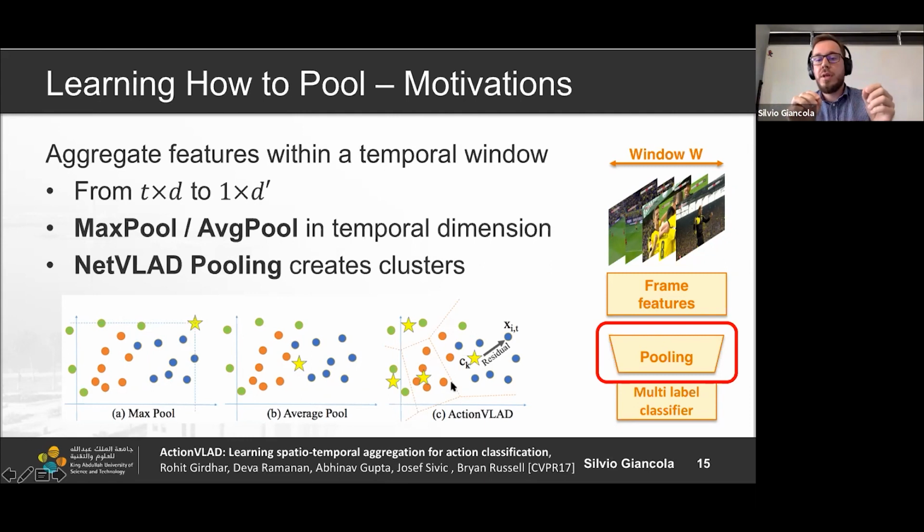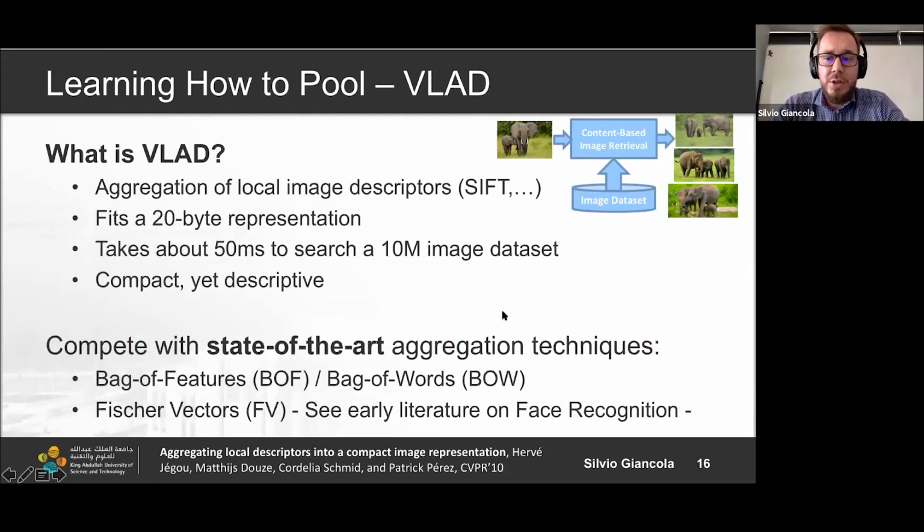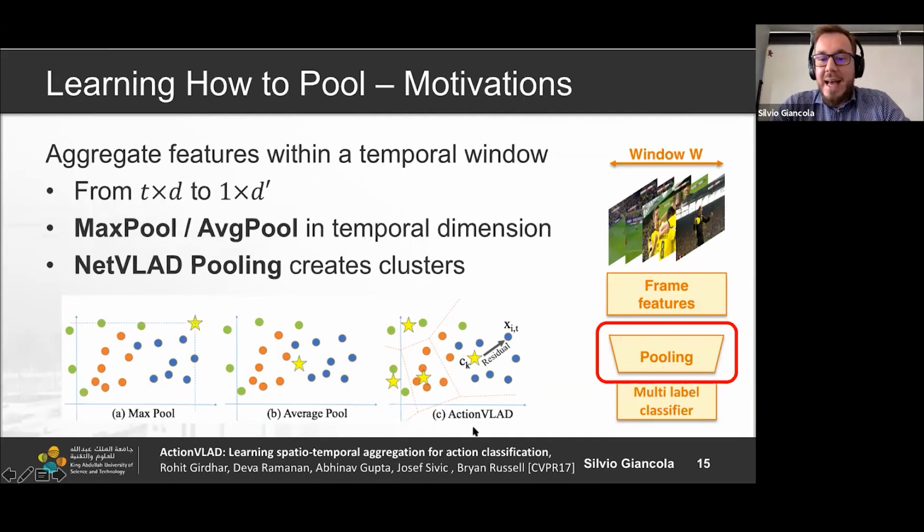It creates clusters, and it tries to understand how far away your sets are from those clusters. Those clusters have a representation, an abstract semantical information embedded there. Okay. So this is ActionVLAD, which is based on NetVLAD, for video classification.